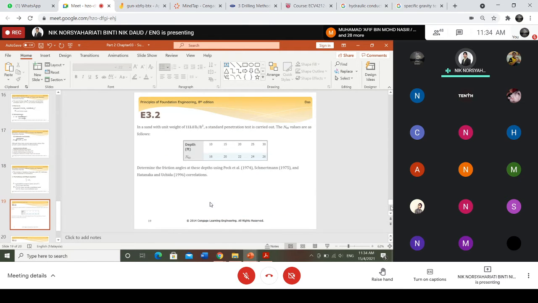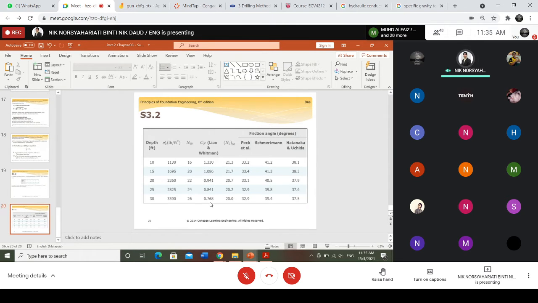Then you can look at Example 3.2, which is here. I shared with you some of the N60 values. Then you need to refer to Peck, Schmertmann, and Hatanaka, which is some sort of use of the equations that we've discussed before in order to find the approximate friction angles.